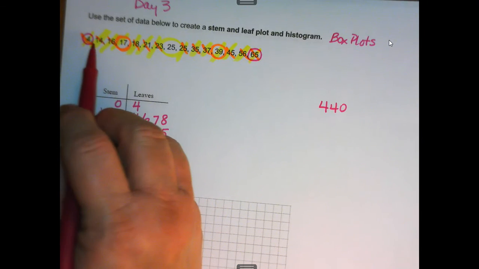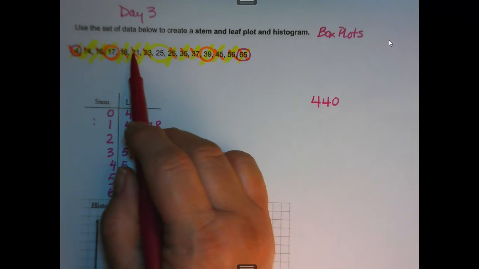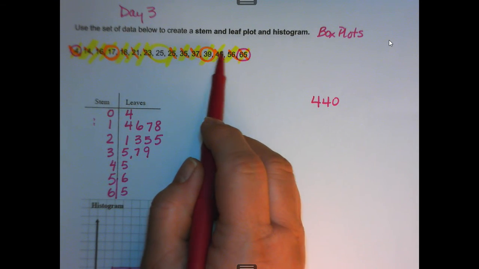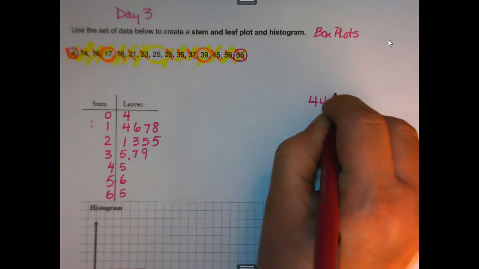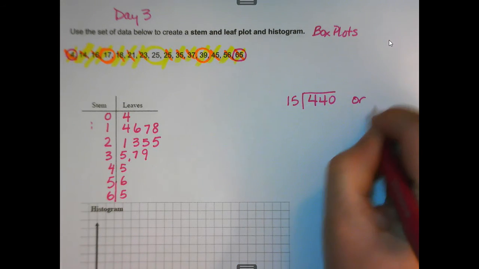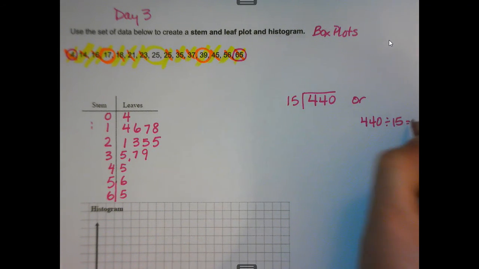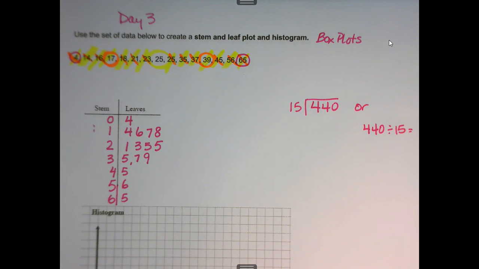And then if I count up how many pieces of data I have, 1, 2, 3, 4, 5, 6, 7, 8, 9, 10, 11, 12, 13, 14, 15. I can either do it this way, or I can do 440 divided by 15 with my calculator.